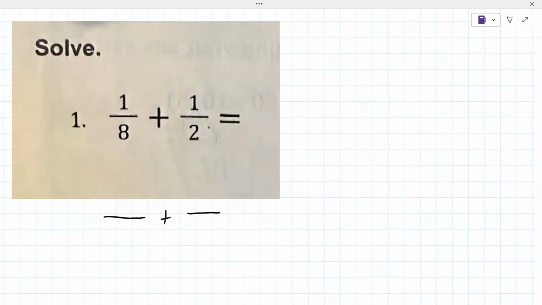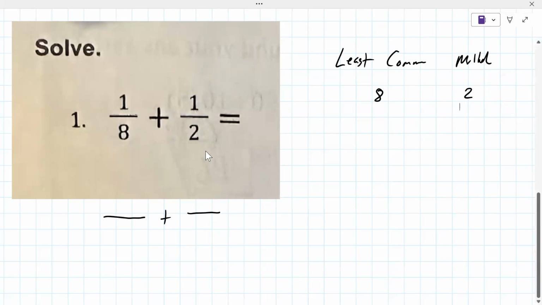And to get the common denominator, you really want what's called the least common multiple between 8 and 2. There's a couple ways to do that. Would that be 4? No. So 4 isn't really anything in this case. The correct way to do this is to build a factor ladder.